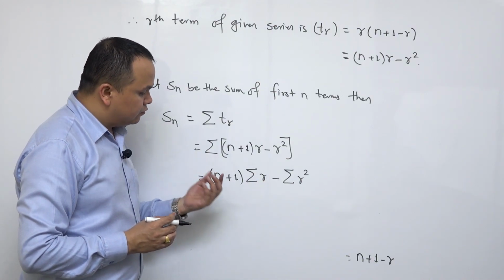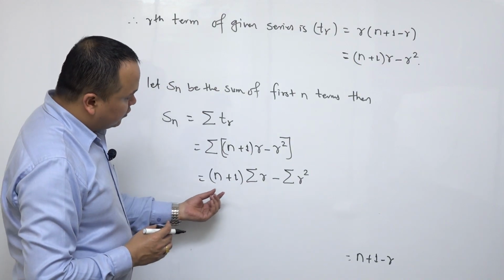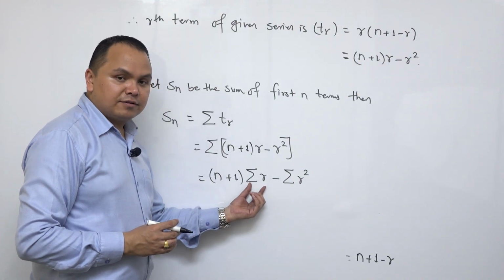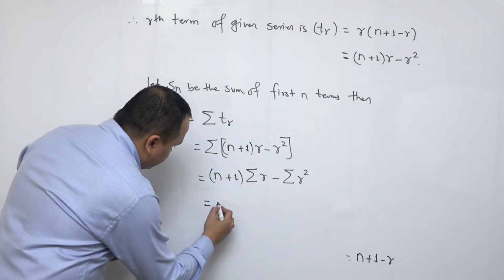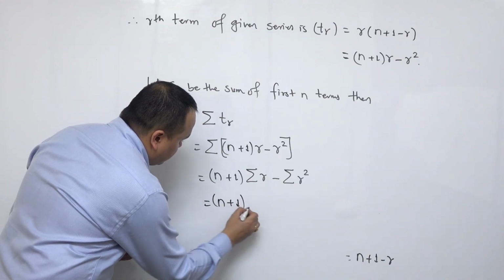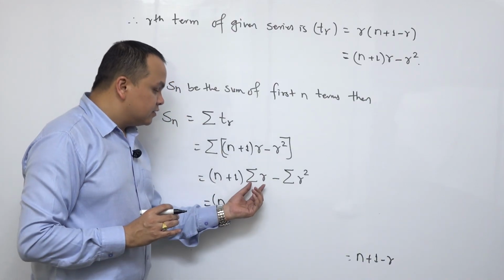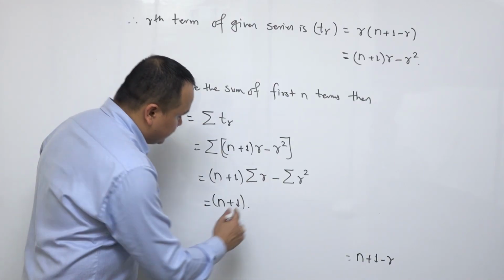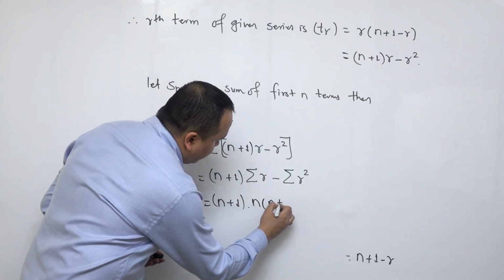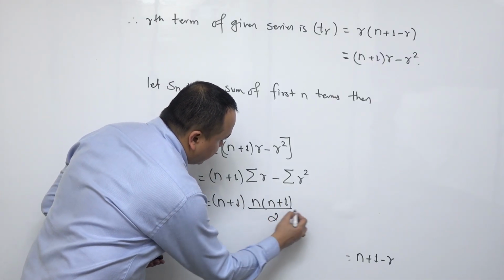Then we have formula of sum of first n natural numbers, which is n times n plus 1 divided by 2.